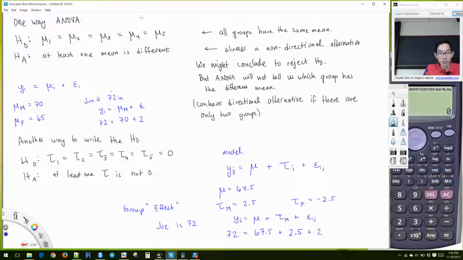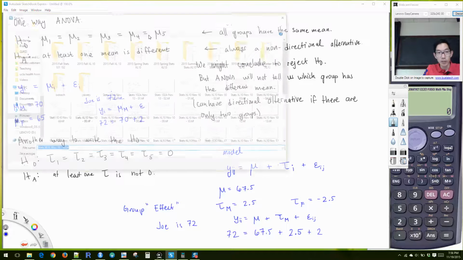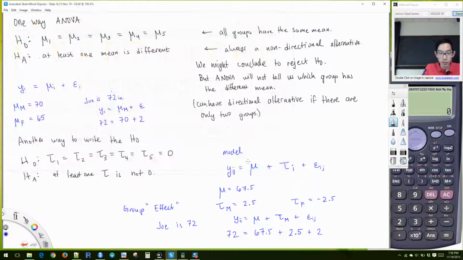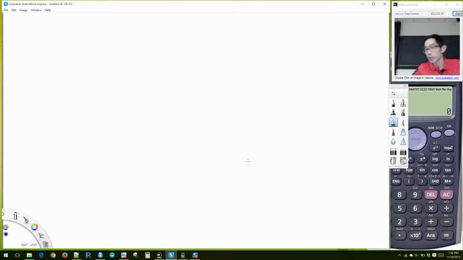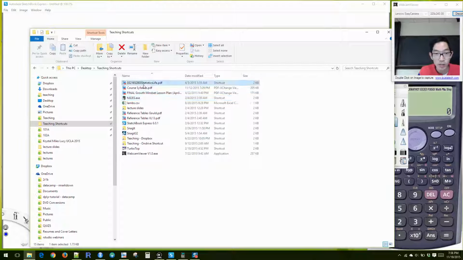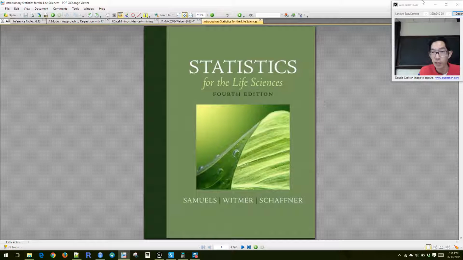Okay, so I'm going to explain our ANOVA, and we'll have this running example going here. I'm going to go into my textbook here.